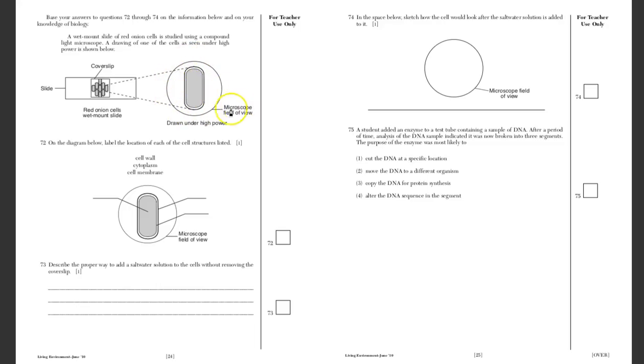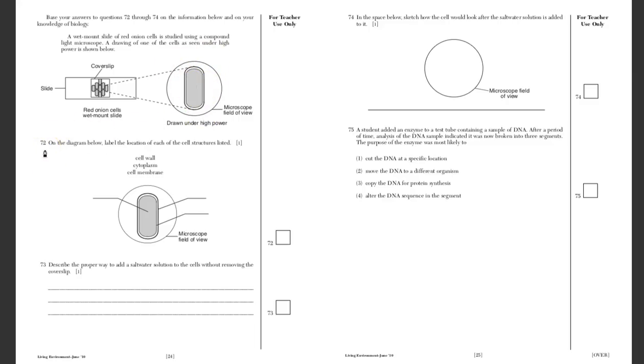It's the microscope field of view. This is not another cell. This is the field of view. When you put your eyeball on the microscope to view it, this is the field of view, what you see. This is the cell, the specimen.